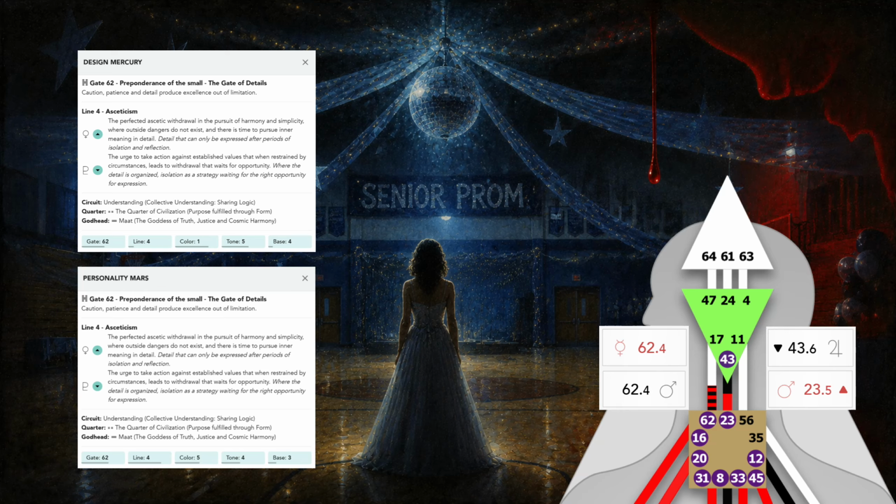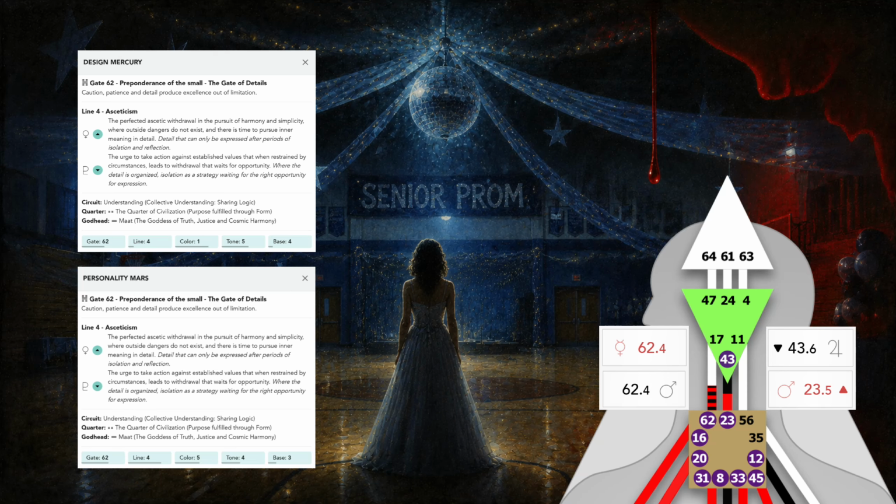And the detriment quality of the fourth line under pressure is strategic. Organizing your detail in isolation and then waiting for the exact right moment to release it. King's relationship with his publishers, his timing of releases, his management of his own output, all of that has a strategic quality entirely consistent with Mars fueling this gate.